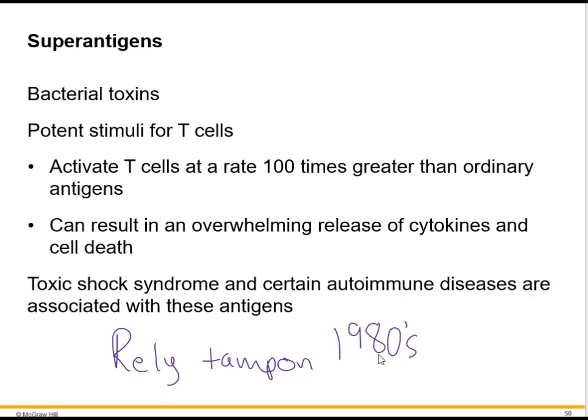What was happening is that the applicator for the tampon was creating microabrasions within the vaginal tract. And that was allowing the bacteria to get in if they were bacteria that produced the toxic shock syndrome toxin. I have a hard time saying that. But if they had that toxin, then they would just grow and replicate.